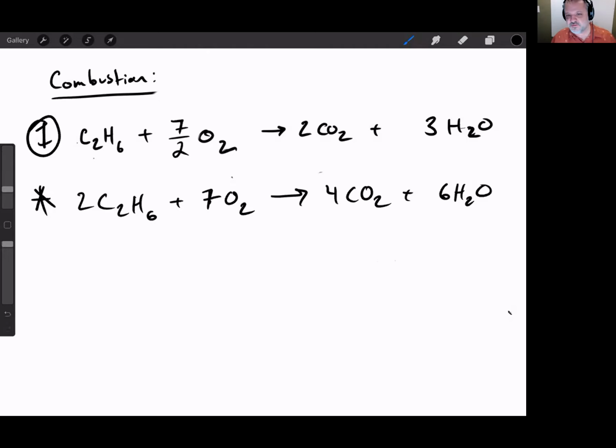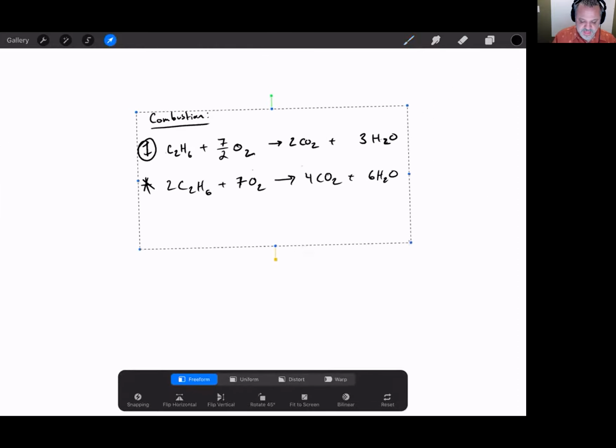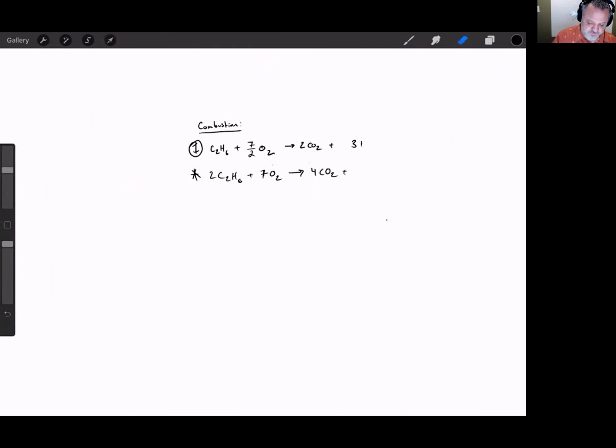But who wants to use fractions in their calculations? I know this is essentially middle school math, but we try to avoid fractions whenever possible, because they just complicate things. So if you get into the even-odd situation, use this trick: multiply everything by 2, and then balance from that point. All right, let's try another combustion reaction.